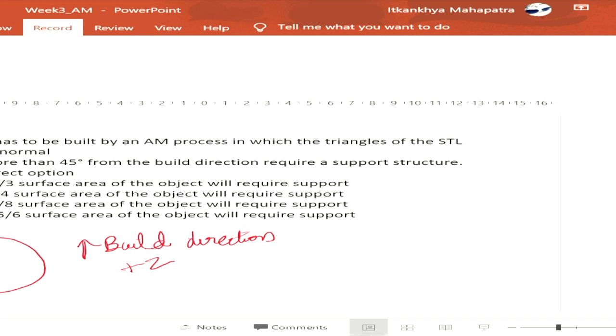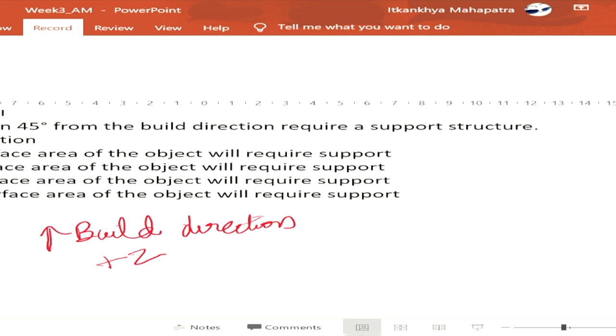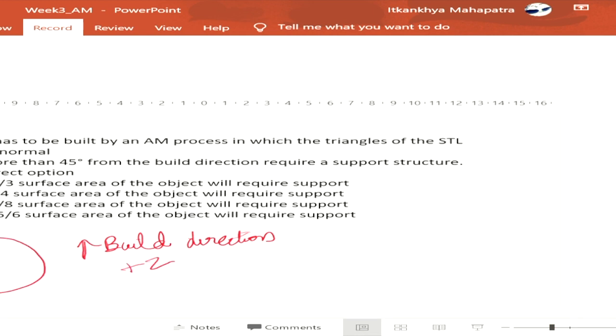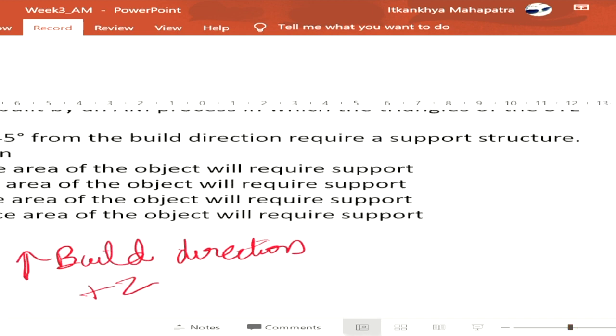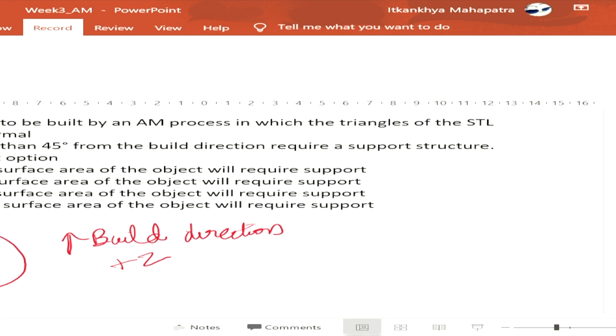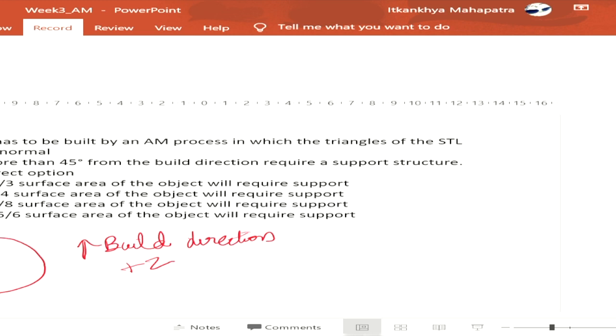Now we know as per the rule that when the angle is more than 45 degrees, support is required.